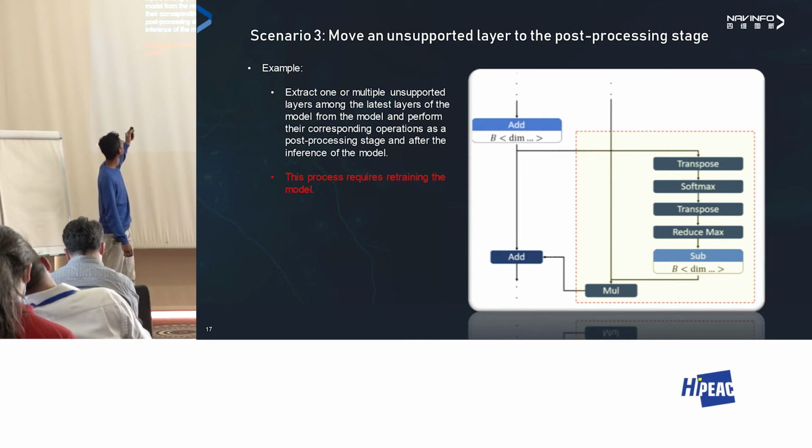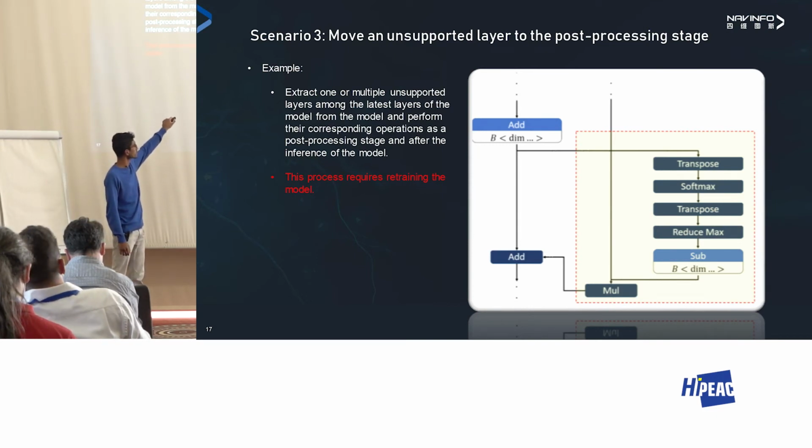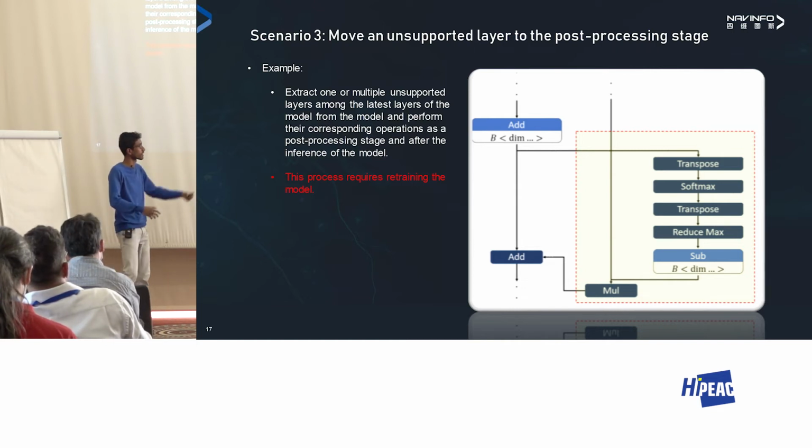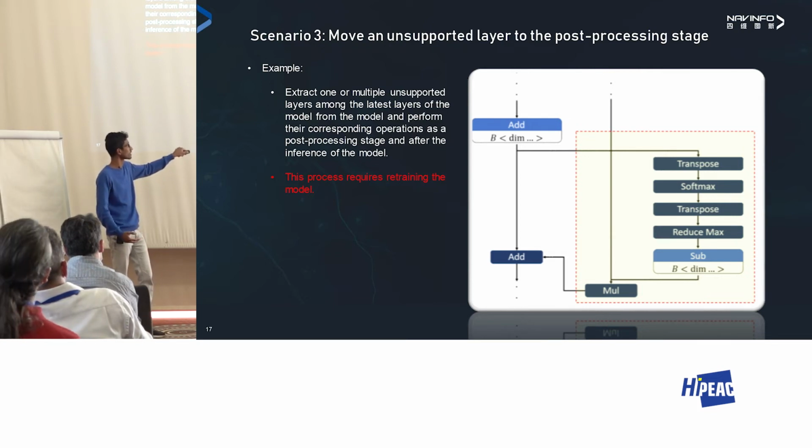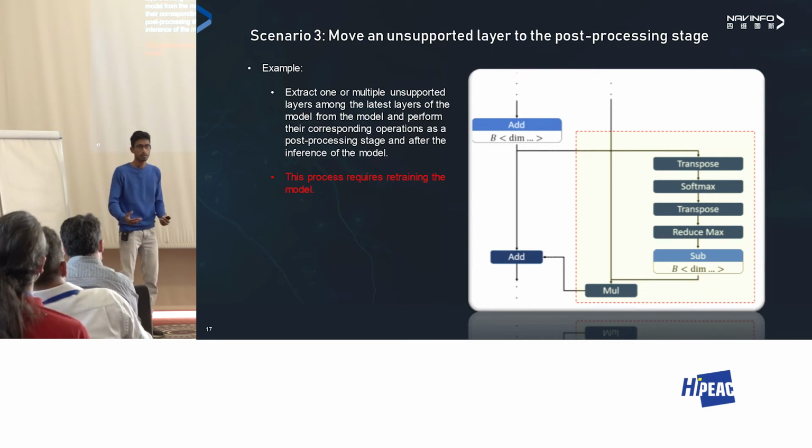And then the unsupported layer to post-processing stage. So there is, let's say, this transposed convolution, for example, or after convolution, you need to take this guy out. You can do this whole graph inside the training pipeline, and this guy as an external Python file, let's say.